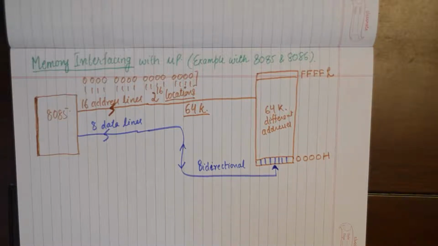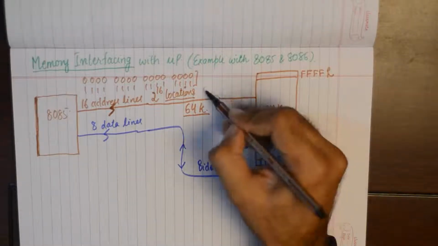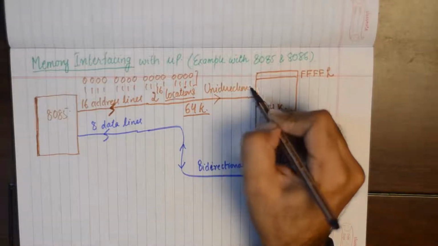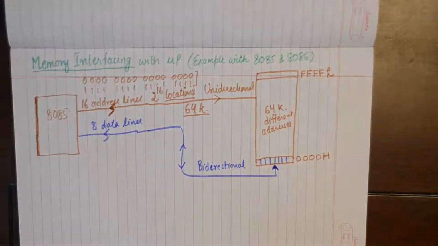However, the address lines are going to be unidirectional because the microprocessor has to specify the address to the internal circuitry for going into a specific address.